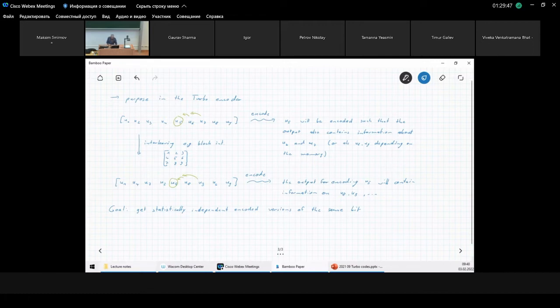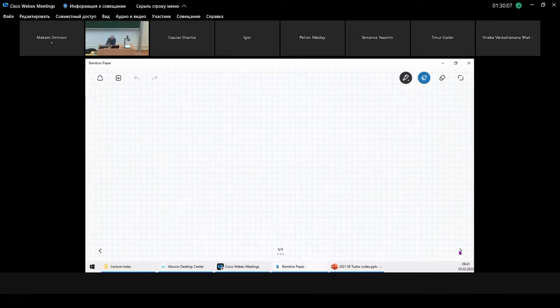Okay, this is actually also already next looking at the decoder, unless there are questions related to this interleaving. Okay. Let's look at the decoder and it will become more clear. Turbo decoder.